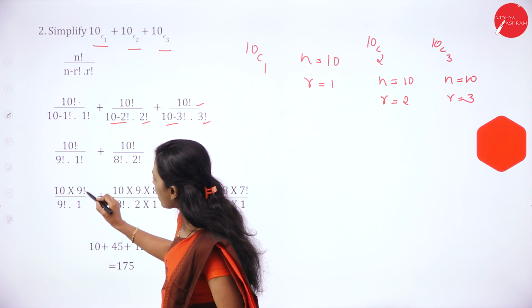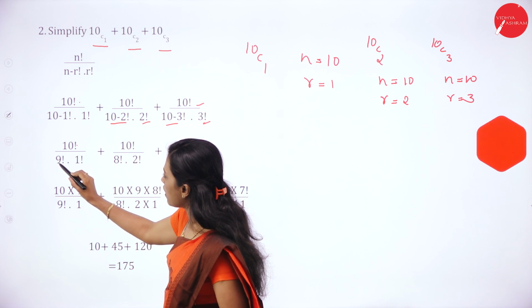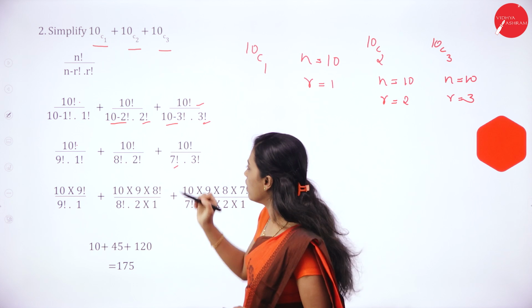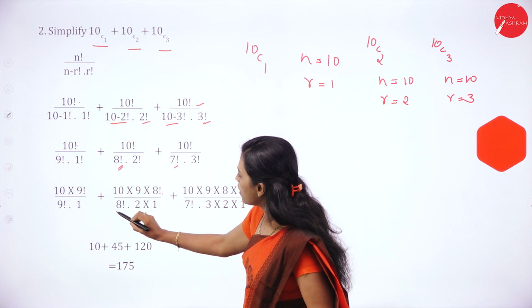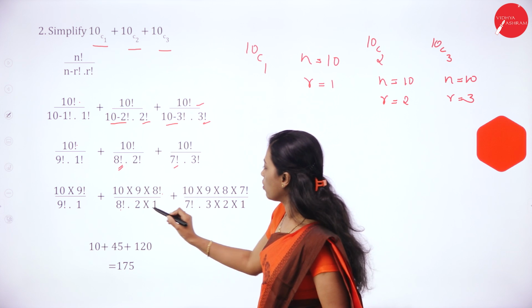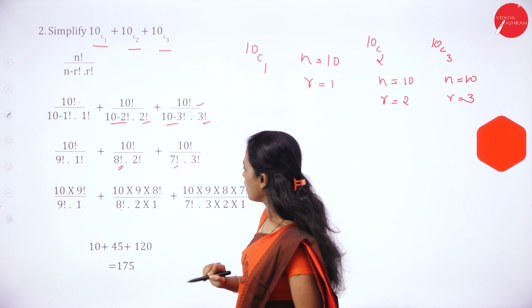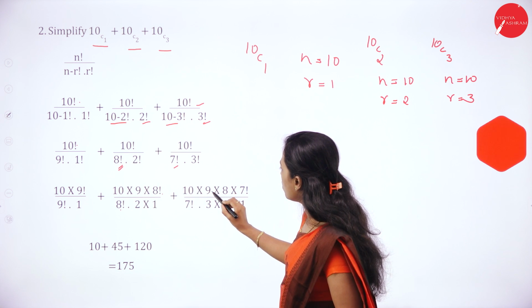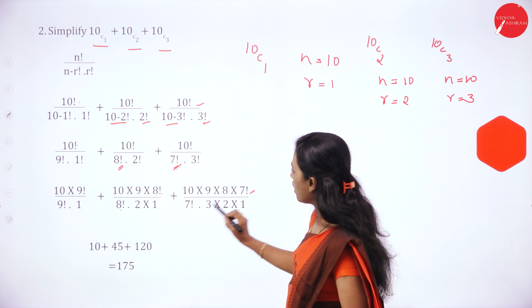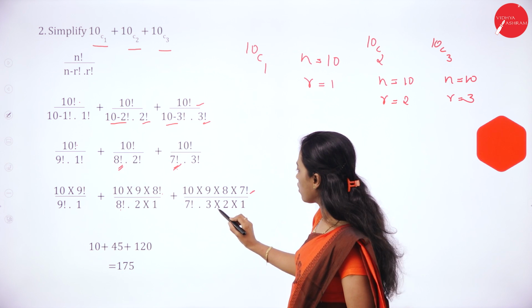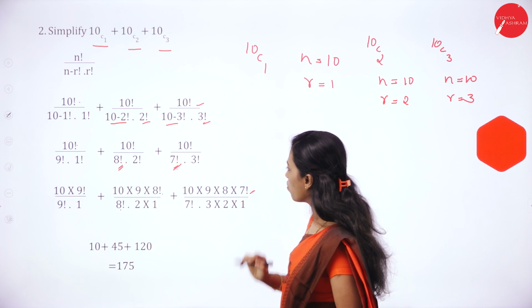So 10 into 9 factorial divided by 9 factorial into 1. Then 10 into 9 into 8 factorial divided by 8 factorial into 2 into 1. Then 10 into 9 into 8 into 7 factorial divided by 7 factorial into 3 into 2 into 1.